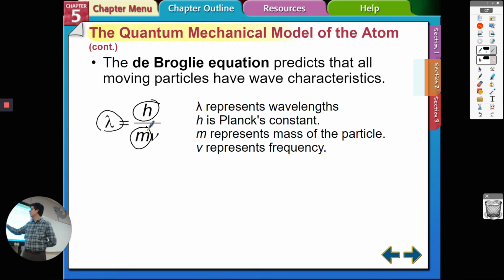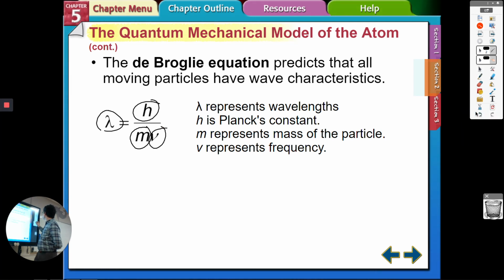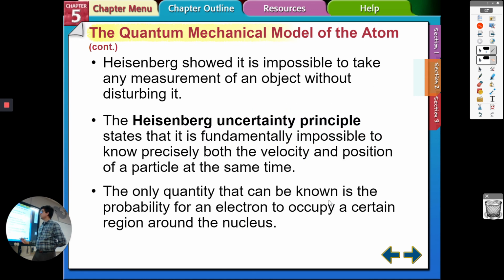M is mass, and nu is frequency. So it relates any object's wavelength to its mass, because the frequency and Planck's constant are given. Well, Planck's constant is a constant, so it doesn't have to be given. This we should know, though.